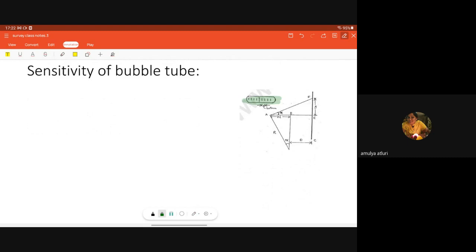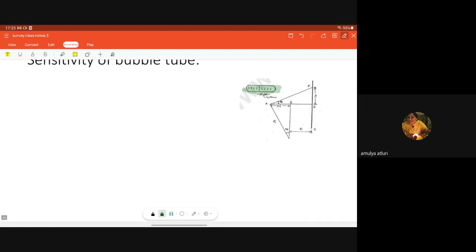It is the angular value of one division marked on the level tube. It is the amount that the horizontal axis is to be tilted so that the bubble will move from one graduation to another graduation. That is called sensitivity. So it is nothing but the angular value of one division marked on the level tube. So what is N? N is nothing but the number of divisions.